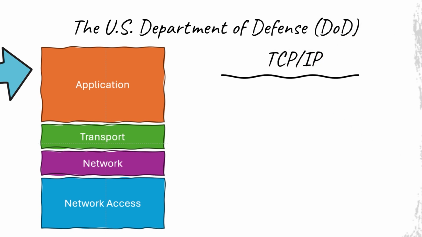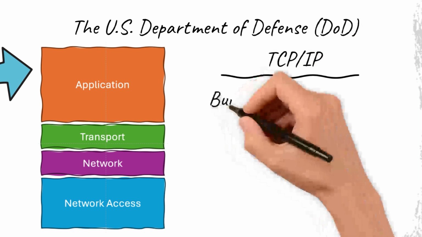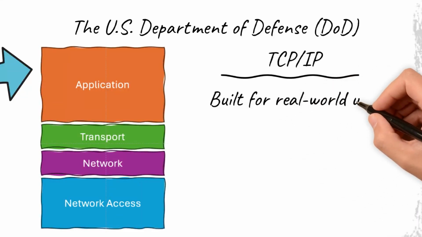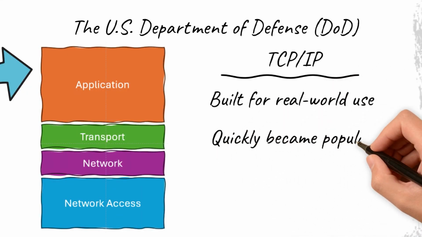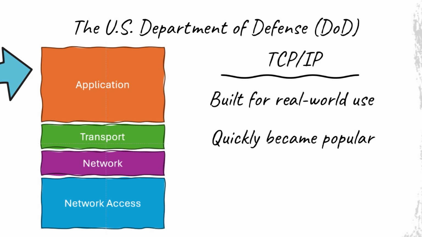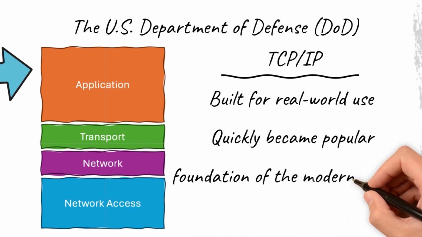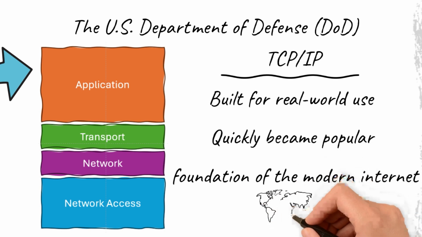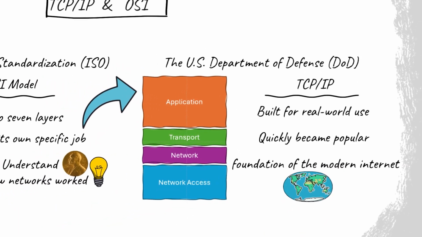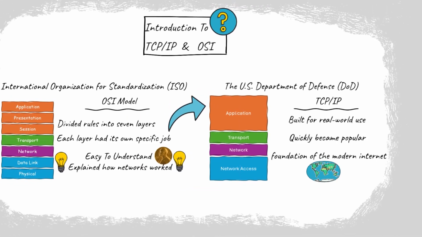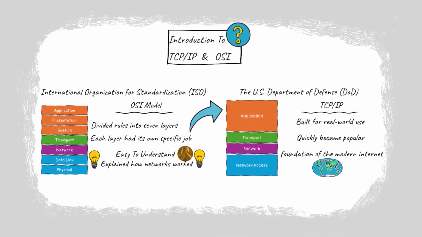Unlike the OSI model, TCP/IP was built specifically for real-world use. It quickly became popular, especially in universities and research labs. Today, TCP/IP is the foundation of the modern internet. It connects billions of devices and networks all over the world. Now, how exactly did TCP/IP become so important? Let's find out next.